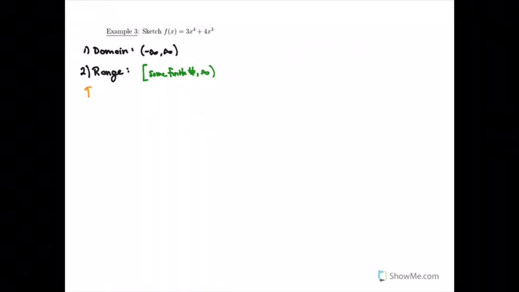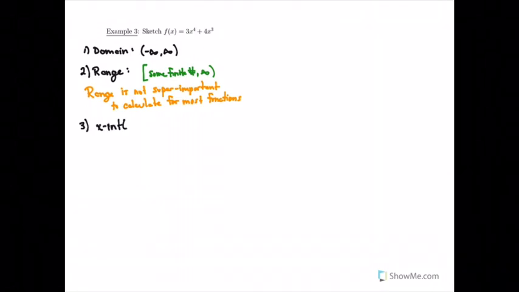I think we found that the range is not super important to calculate for most functions. It would just be a check as to make sure we're doing things right as we go through the other steps.